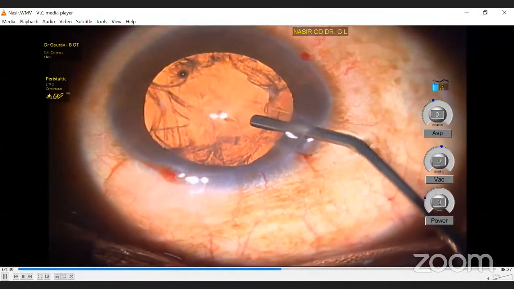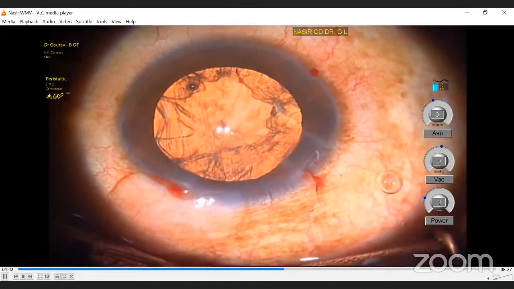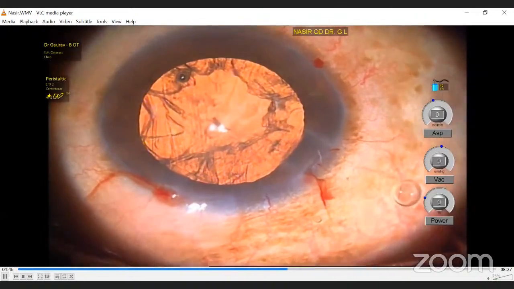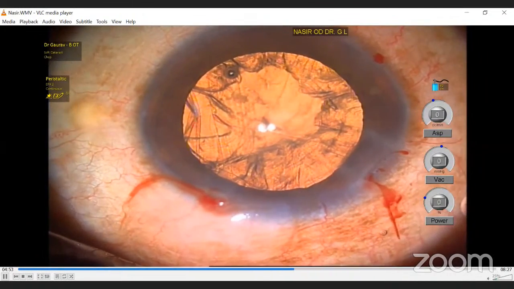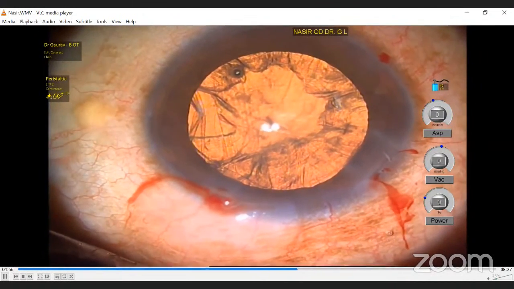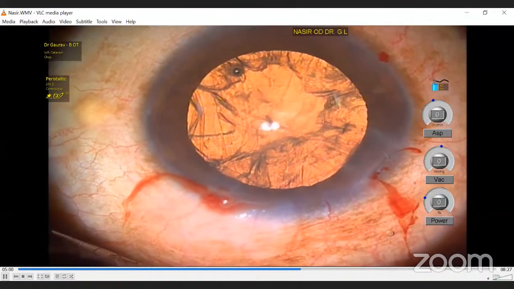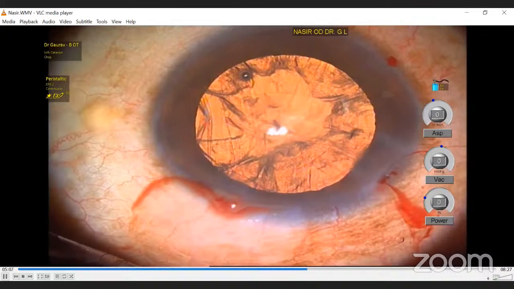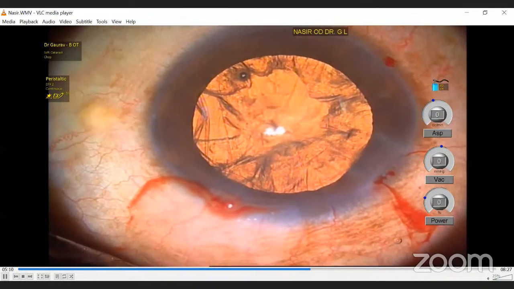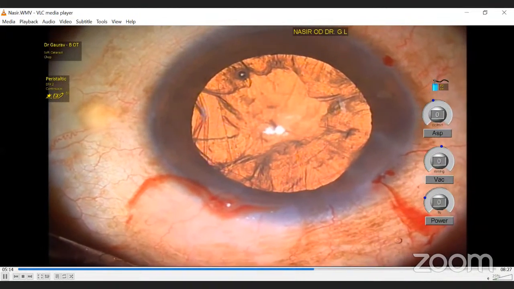We formed the chamber with the viscoelastic, making sure that the vitreous does not come into the anterior chamber, but still we could see the zonular laxity from one side and the capsule was folded. So we decided on going ahead with the capsular tension ring.